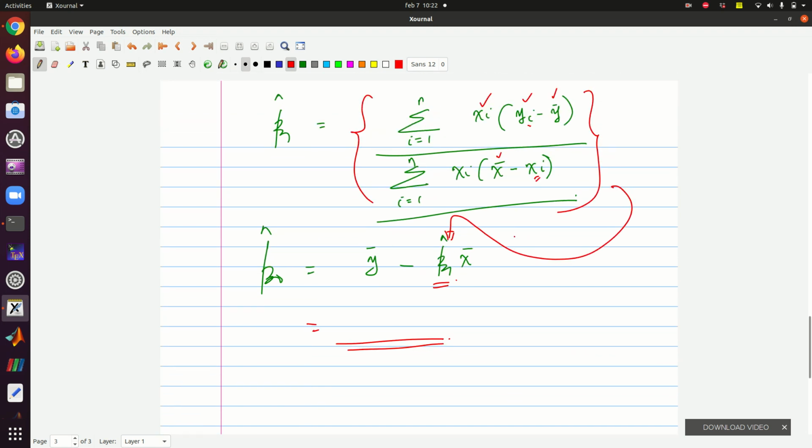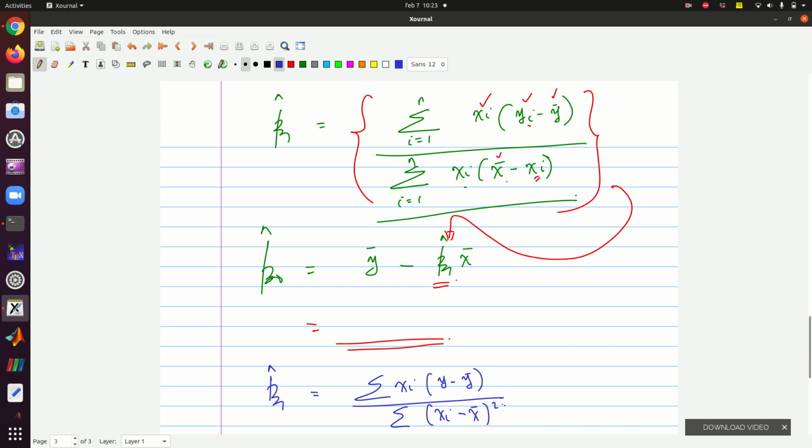For instance, the expression you may see commonly used for beta 1 hat is given as the summation of xi into (yi minus y bar). Then below, instead of having xi into (x bar minus xi), we simply have the summation of (xi minus x bar) squared.